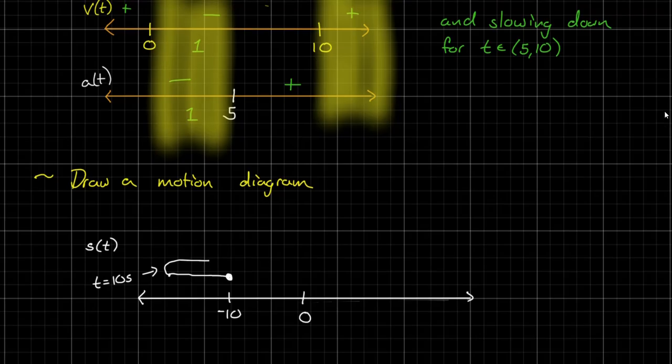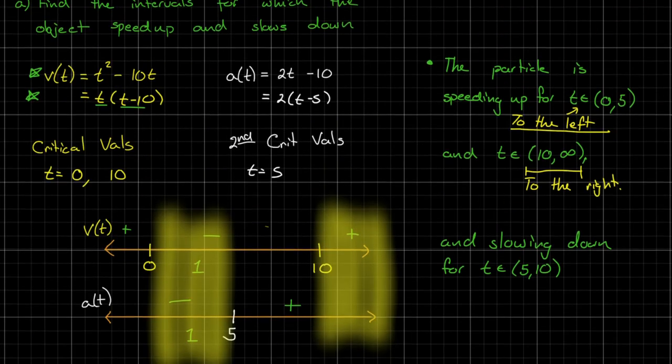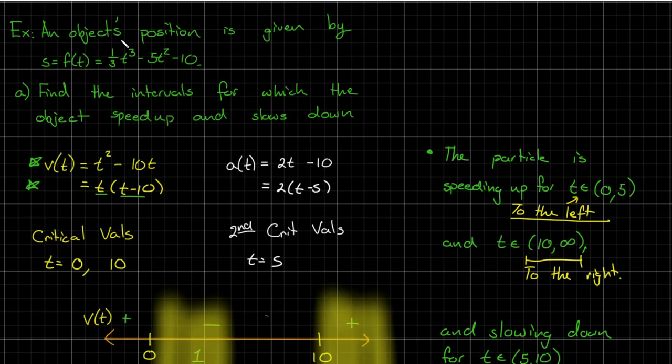What is my position at 10 seconds? So here's my position function, and I'm just thinking, that's 333 minus 500 minus 10. So negative 167, negative 177.